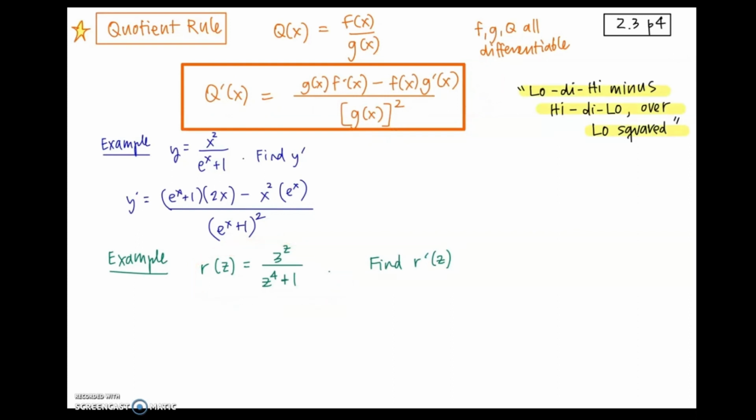but we'll go ahead and start it. R prime of z will be low d high minus high d low, so how about we try this?